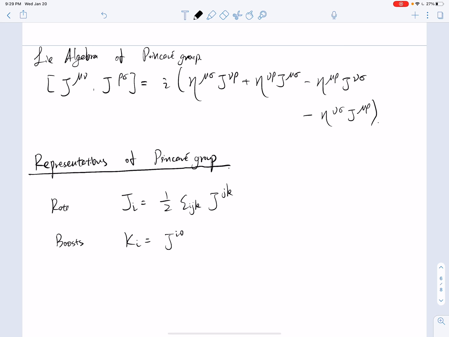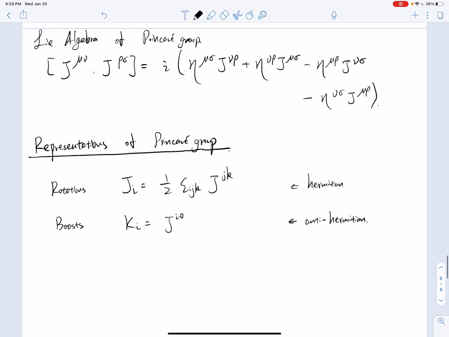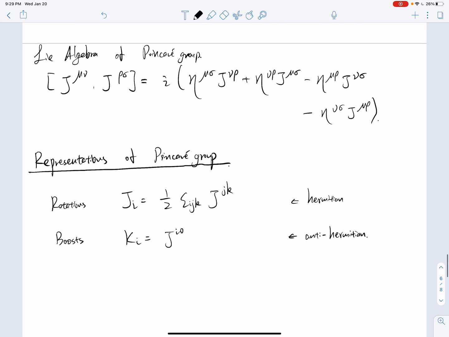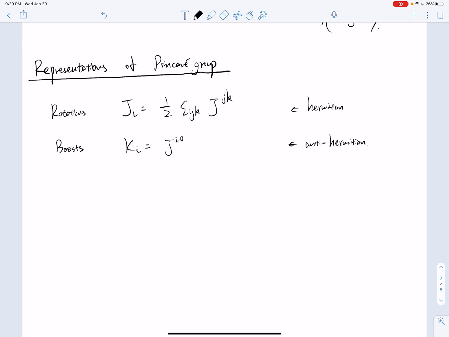So these are the rotations. And we can see that these matrices are Hermitian. You can prove it almost trivially. And the boost generators are anti-Hermitian. If we plug these two expressions into our full, complicated, long equation of the Lie algebra of the Poincare group, it simplifies into three equations.